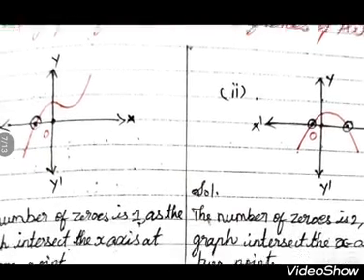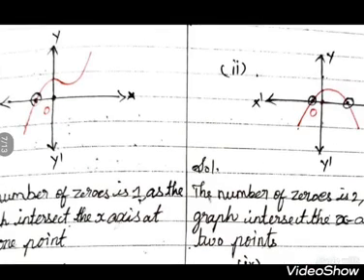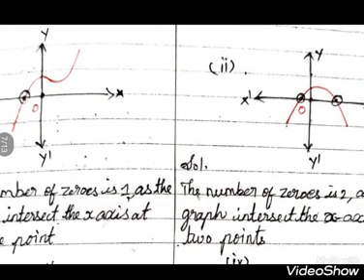Now we check the solution. The number of zeros is 1 as the graph intersects the x-axis at 1 point. For the second question, the number of zeros is 2 as the graph intersects the x-axis at 2 points.